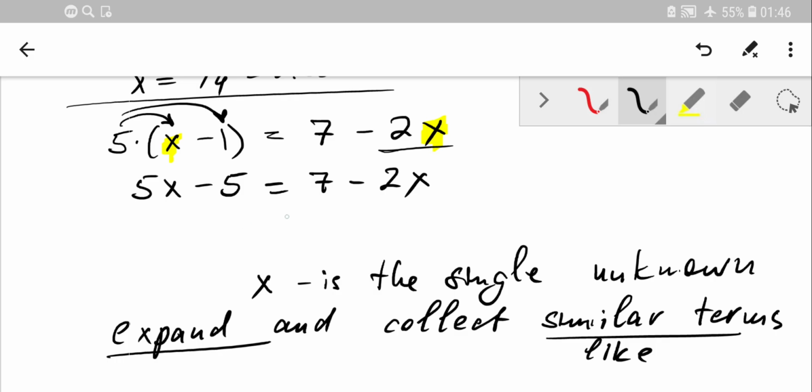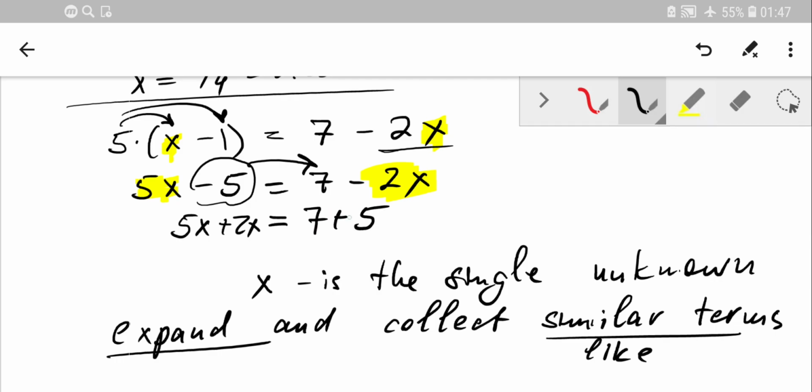So what to do next? We keep the equality sign and transfer negative 2x to the left side because we want to collect similar, or like, terms on one side. It's better to collect them on the left side. Then transfer negative 5, that's a number, and combine it with 7. Don't forget about swapping the signs.